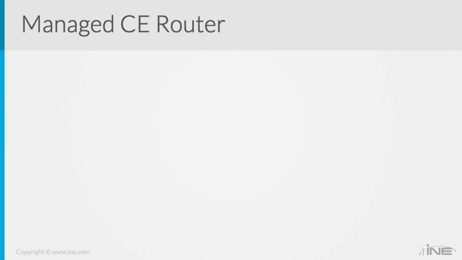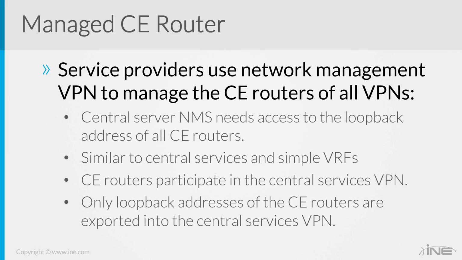So basically what the service provider does is it uses the network management VPN to manage the CE routers of all VPNs. Now you might say, the network management VPN? Well, it really depends on the situation. Some service providers that I work with have their own dedicated management VRF. In the previous video, we talked about Central Services VPN, right?